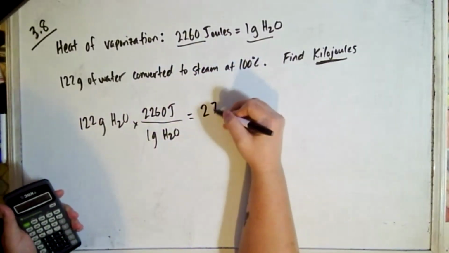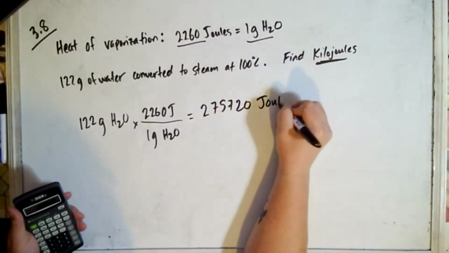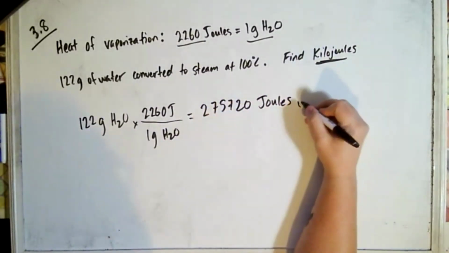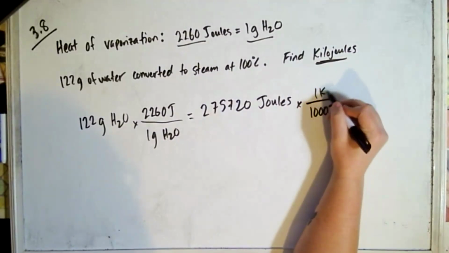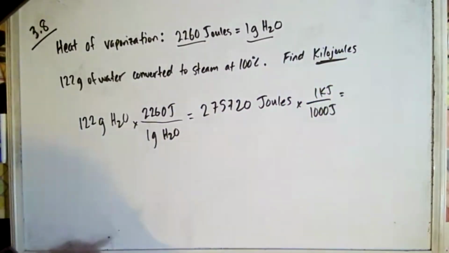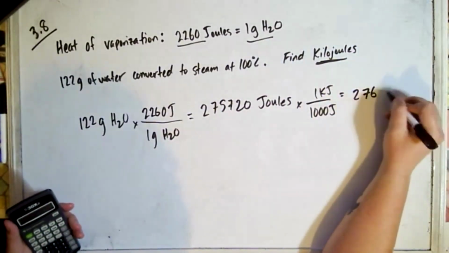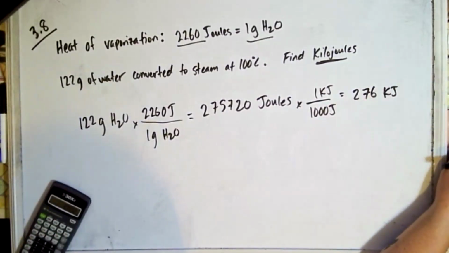Big number here, 275,720 joules. So now we have to take this number and turn it into kilojoules. All right, and that's going to give us 276 kilojoules. All right.